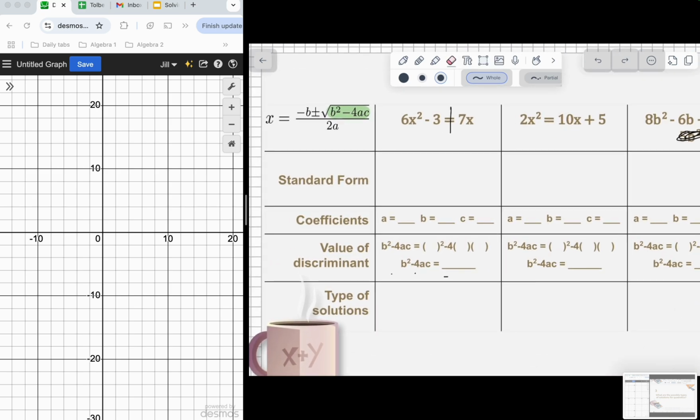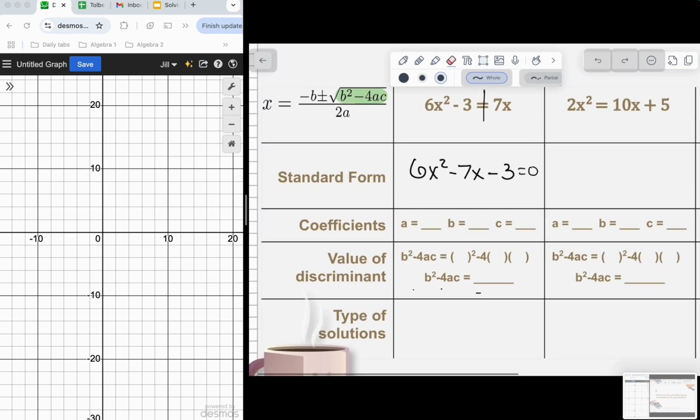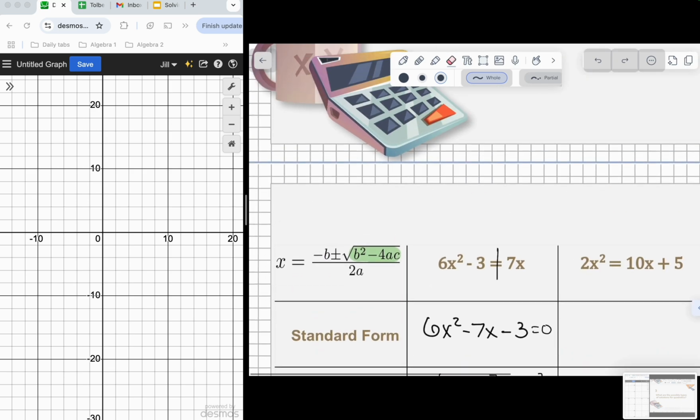So this first one we're going to do, we need to get it in standard form first. So we're going to subtract that 7x from both sides of the equation. Then we identify a, b, and c. A is 6, b is -7, and c is -3. And then we just substitute in -7 for b, 6 for a, and -3 for c, and then evaluate, and we get b squared minus 4ac is 121, which is a perfect square.